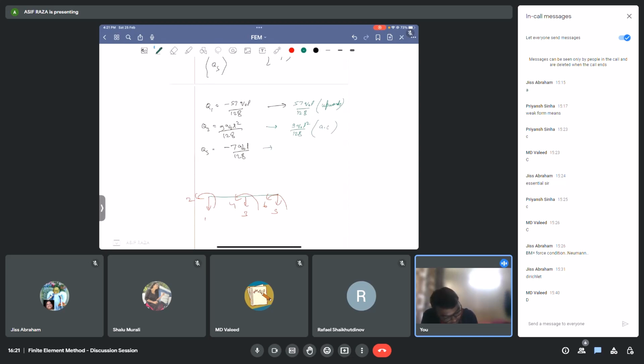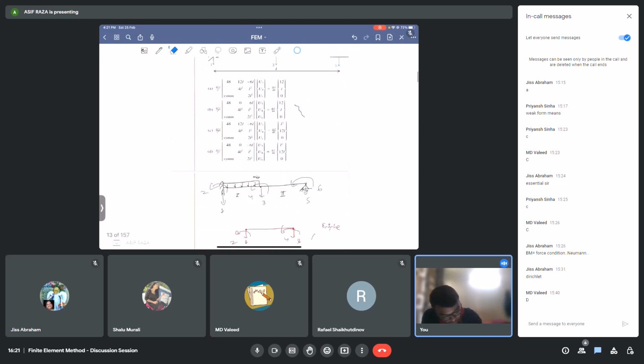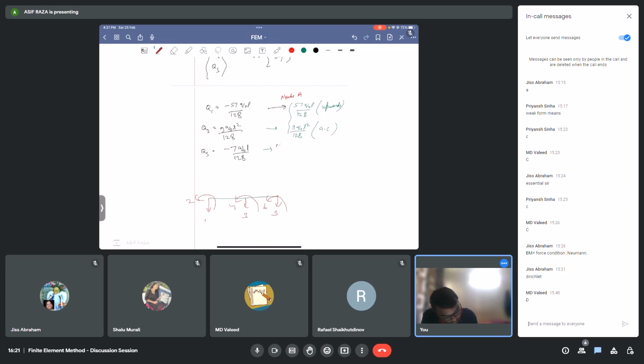and these are all at x equal to 0, or at node A. At node C we have, this is also minus, so that implies 7 q naught L by 128, and this acts upwards, while we have q4, q3 and q6 equal to 0.